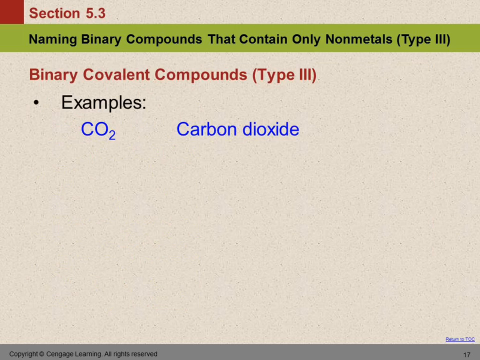Okay, so I've got two nonmetals. This is where I can use the prefixes. So carbon dioxide. We don't use mono on the first one. There's 1 carbon, but we don't say monocarbon. There's 2 oxygens, so it's dioxide. Carbon dioxide.